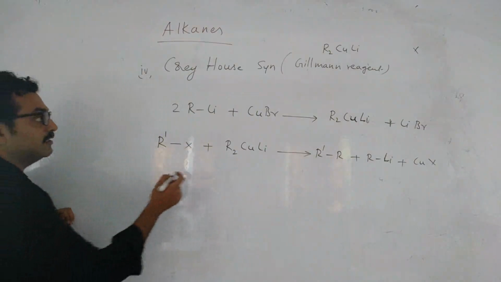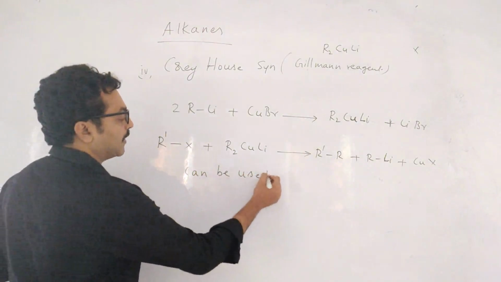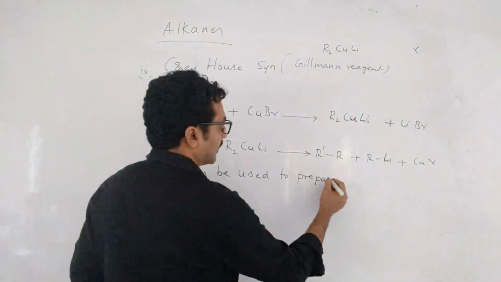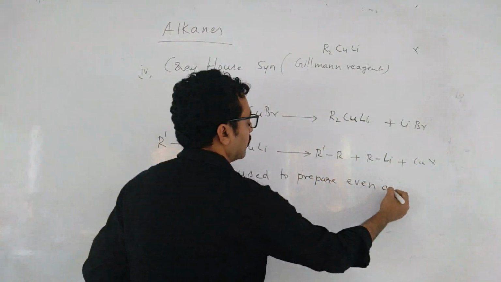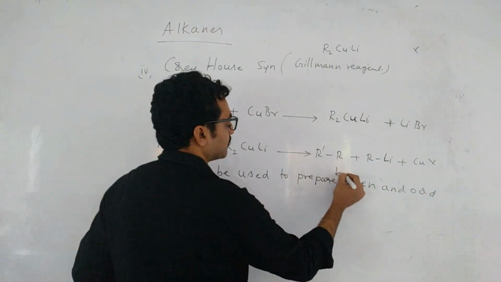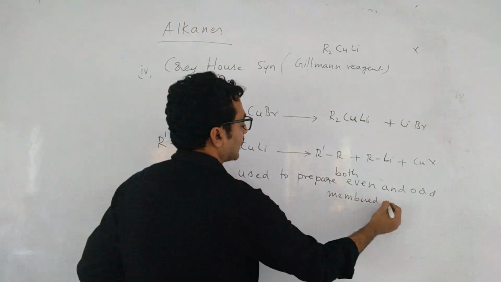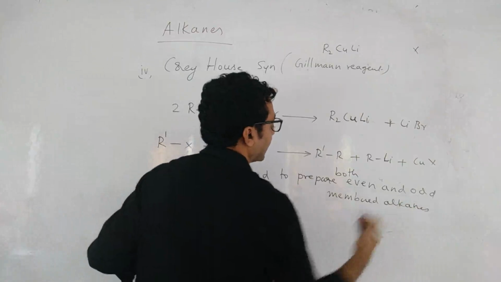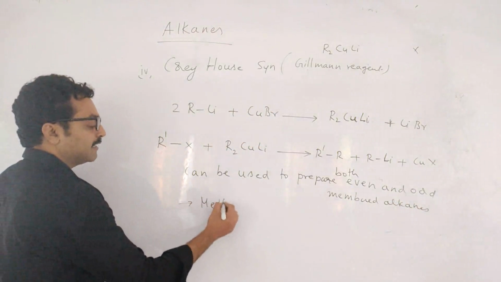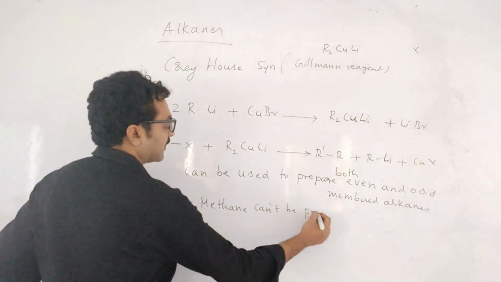But this reaction can be used to prepare both symmetrical and unsymmetrical alkanes, or you can say both even and odd membered alkanes, except methane. Again, methane can't be prepared by this reaction, children. These are the important points.